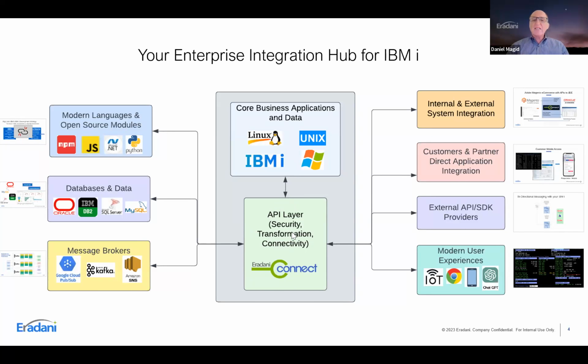So you create your APIs here. Once you create the APIs, they provide the security, they provide the data transformation, they provide the connectivity, and they provide you a way of managing all of this communication, regardless of which of these use cases you might be using for talking to your IBM i. So the idea is you have the central place where everything's coming in so you can manage all of it in one place. So that's basically, I know it's a ton of stuff that we covered today.